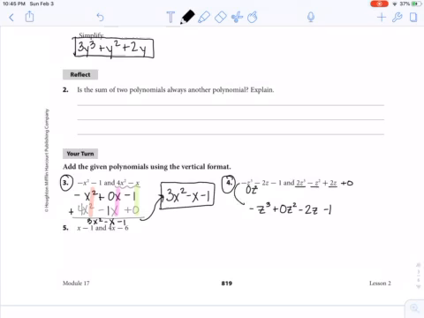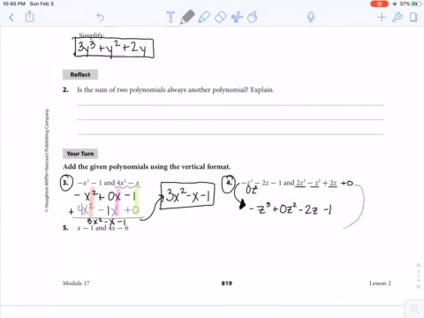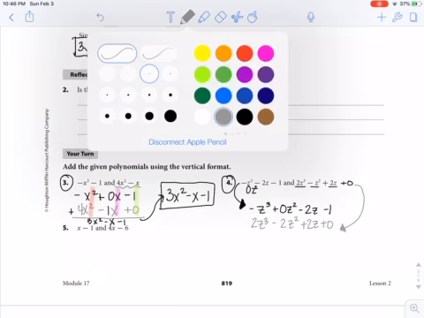And so if you guys notice, all I did was rewrite our first polynomial. And now I'm going to write our second. So our second is going to go right underneath it over here. And so I have 2z cubed minus 2z squared plus 2z plus 0.